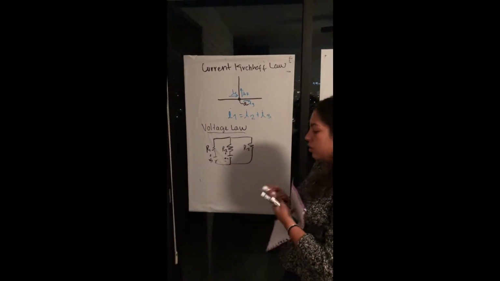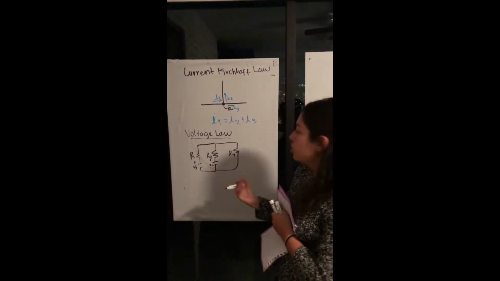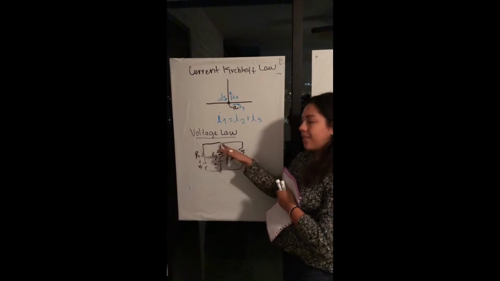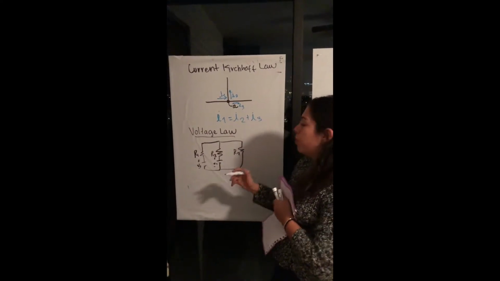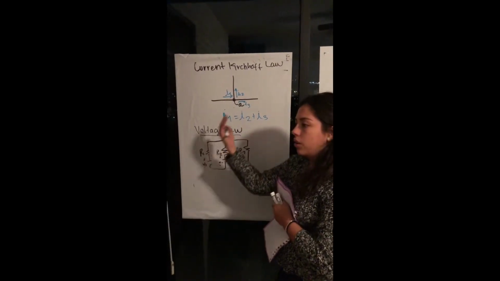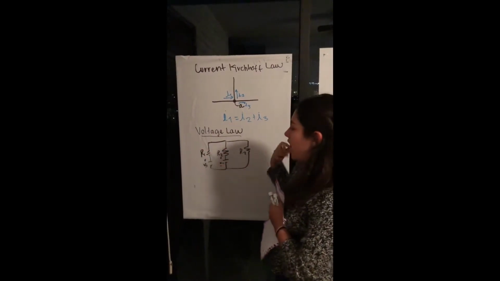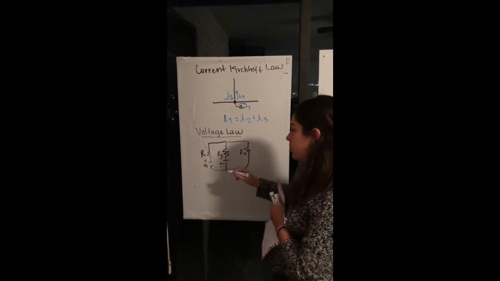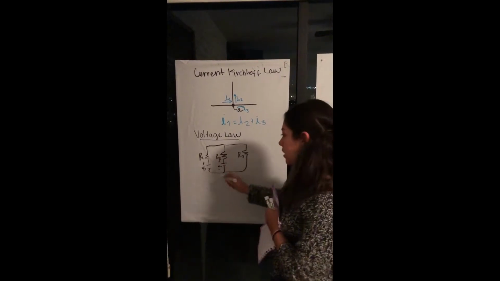In order to understand this law, you have to know what a mesh is. A mesh is the black thing that I have already colored in black. And the loop would be the trajectory that you decide, either going in the direction of the clock or in the opposite way. I always choose the clock's direction, but you can choose it however you want to sum or subtract.